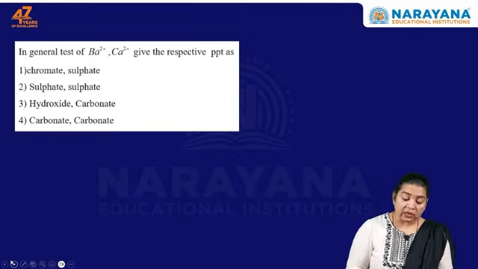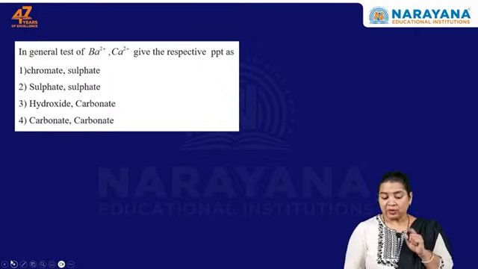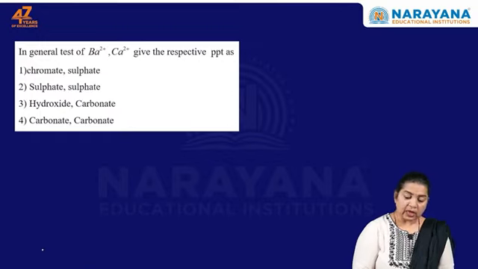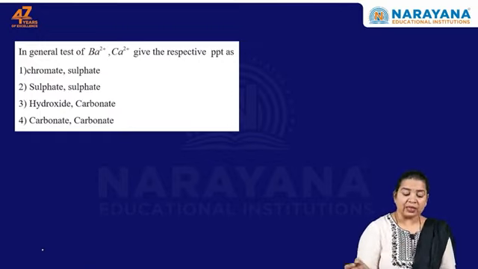In general, the test of barium 2+ and calcium 2+ gives the respective precipitate. Now, the point is, what is the general test?